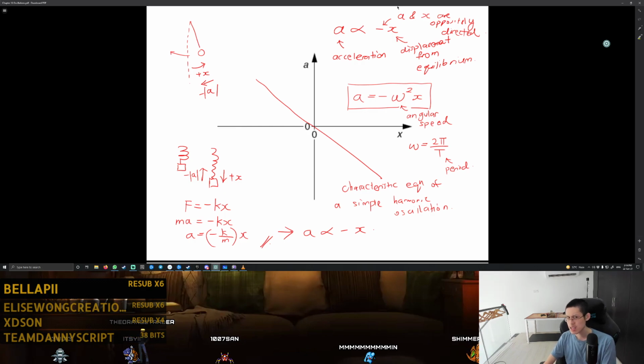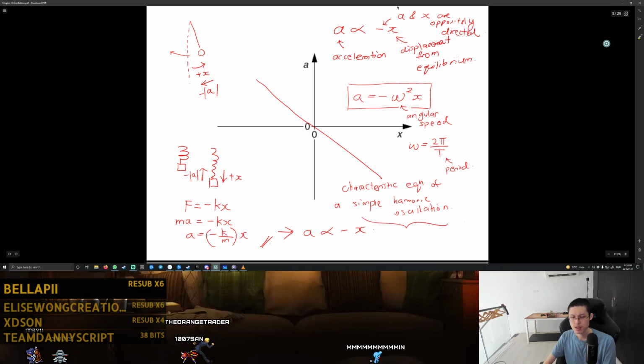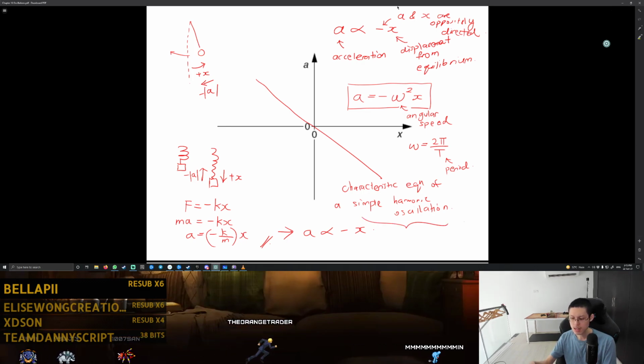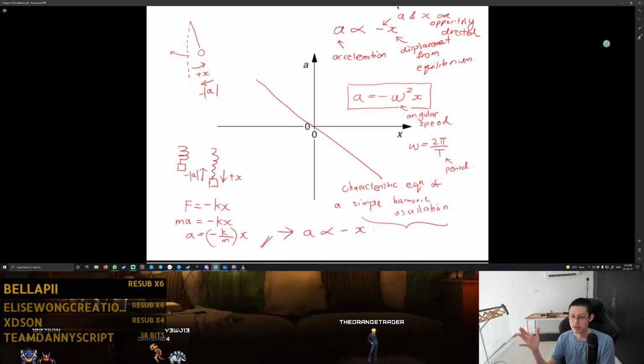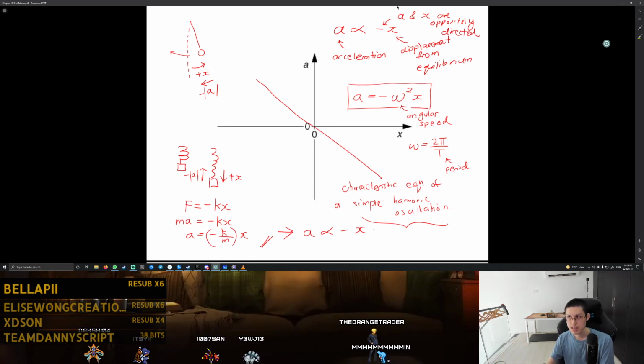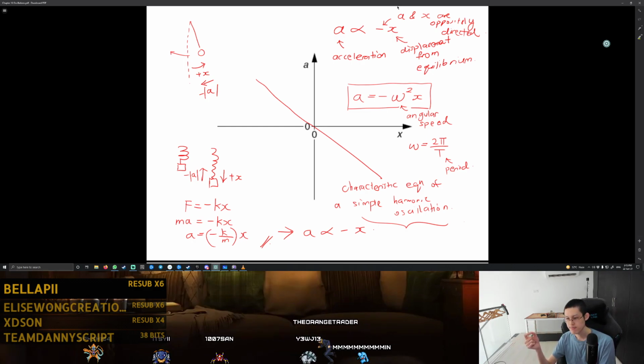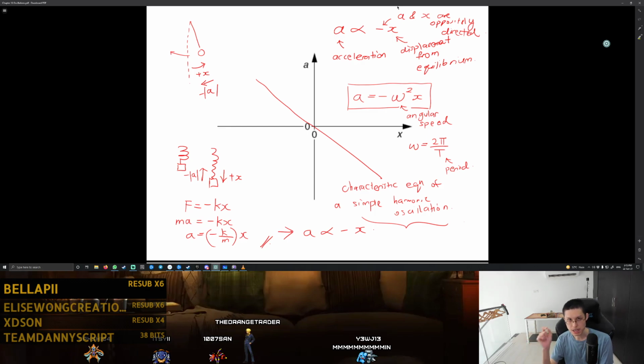Essentially most things oscillate using this model. Let's say you get a pendulum and you just release it, the oscillation would be a simple harmonic motion. If you smack the table, the vibrations on the table would be a simple harmonic oscillation. Basically, anything that obeys Hooke's law would obey the equation a equals negative omega squared x.